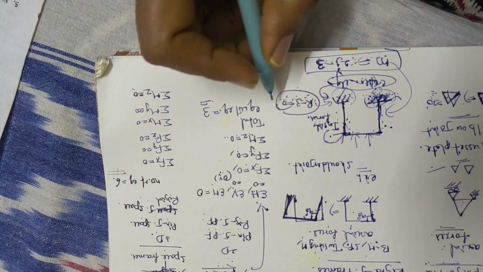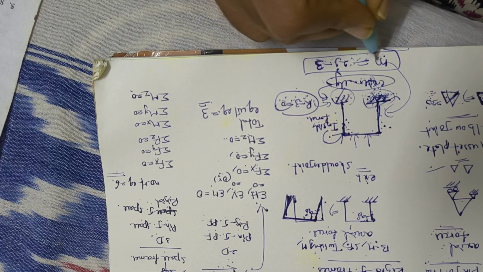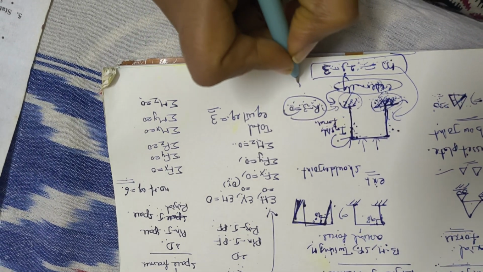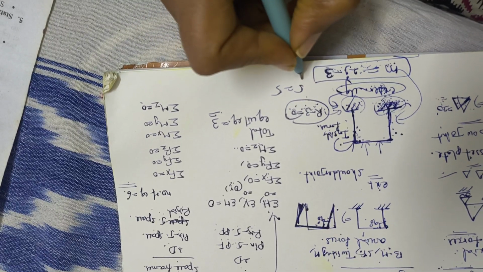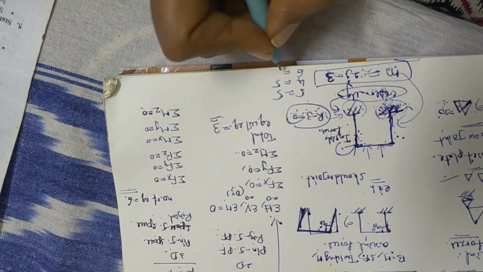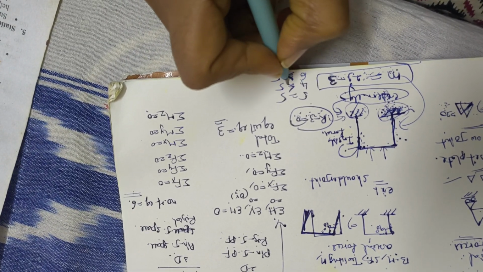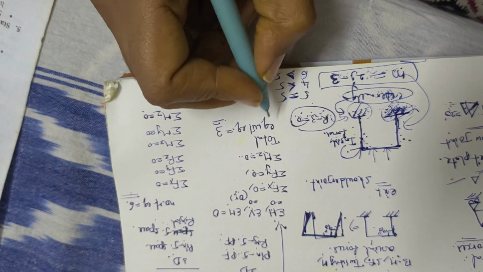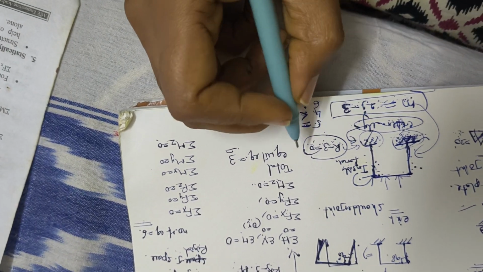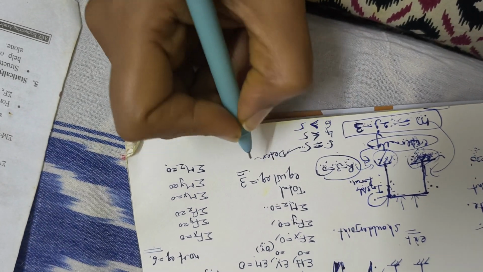Suppose the members are not equal to this side, I mean the left side is not equal to the right side. For example, 5 equals 5, or 4 equals 5, or 6 equals 5. If you get 5 equals 5, then you can say it is a determinate structure.